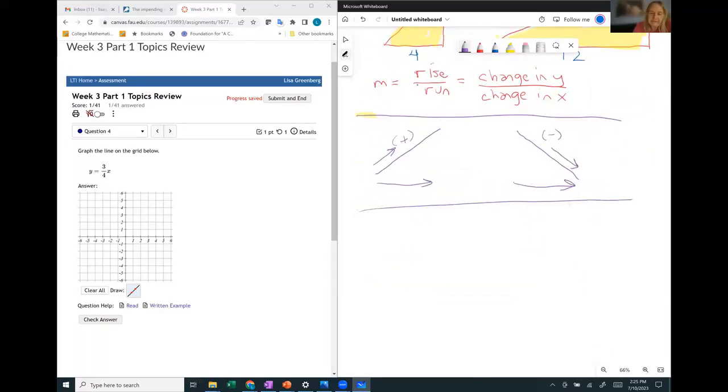Then we have the b. So b means the y-intercept. The y-intercept is where the graph touches the y-axis.